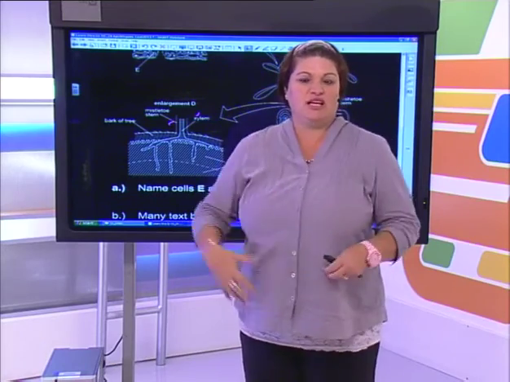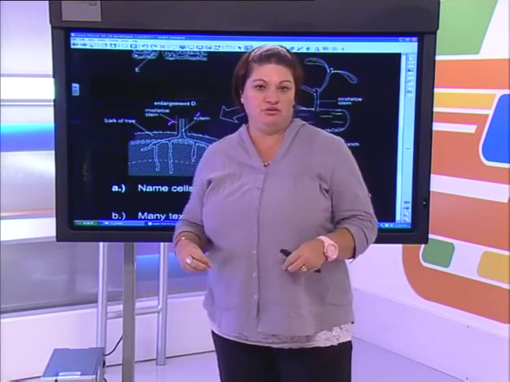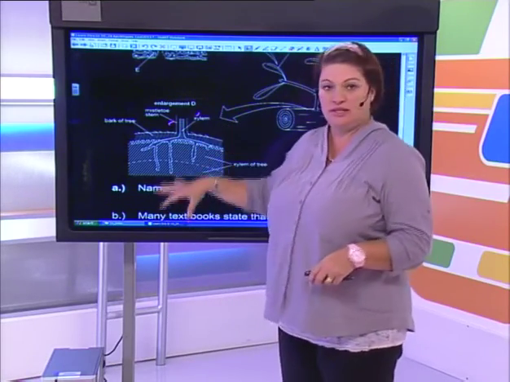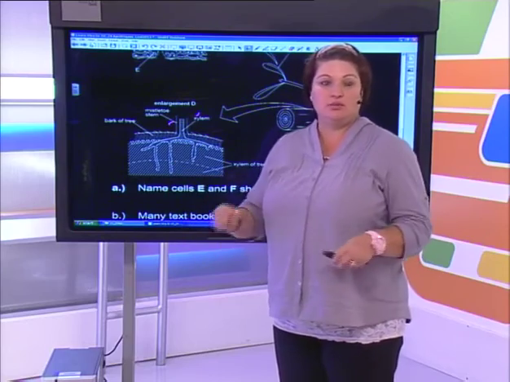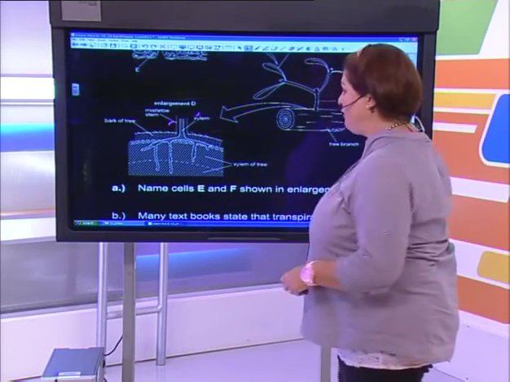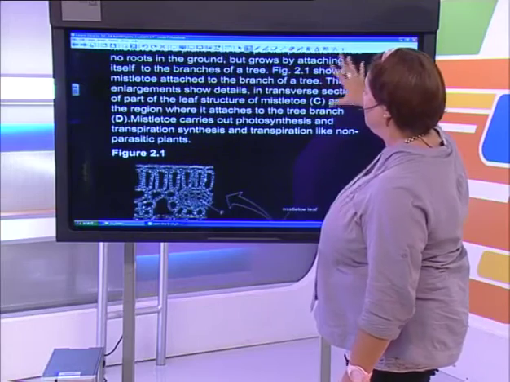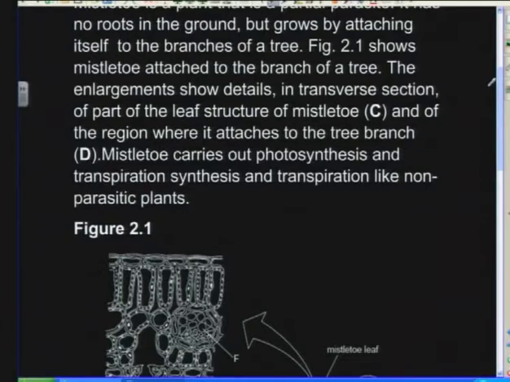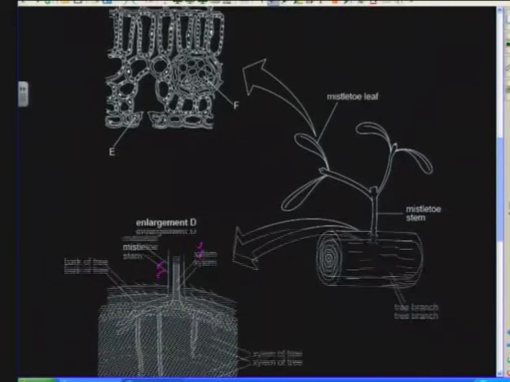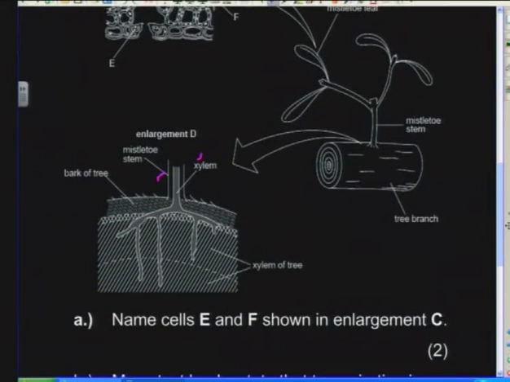So what does it do? It's almost like a tapeworm in your stomach stealing all your food. Mistletoe actually steals all the water that is being absorbed from the plant. If we read over here, look at the pictures. We have the mistletoe on a tree, here.